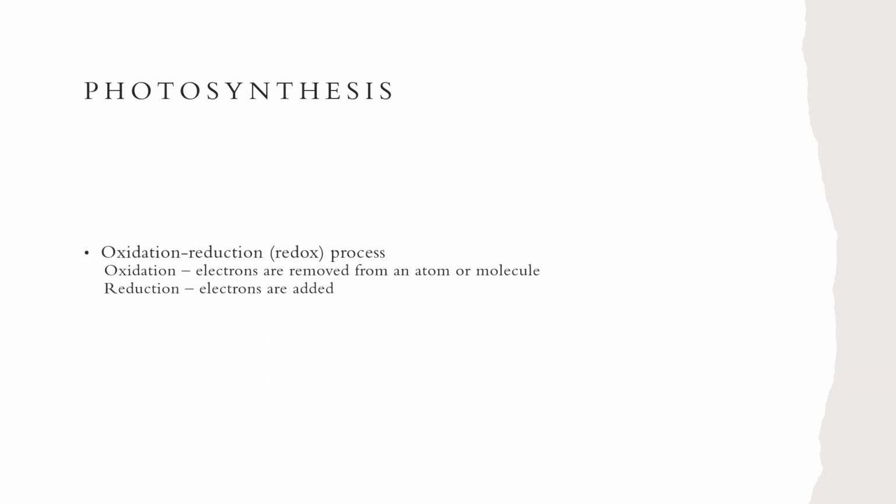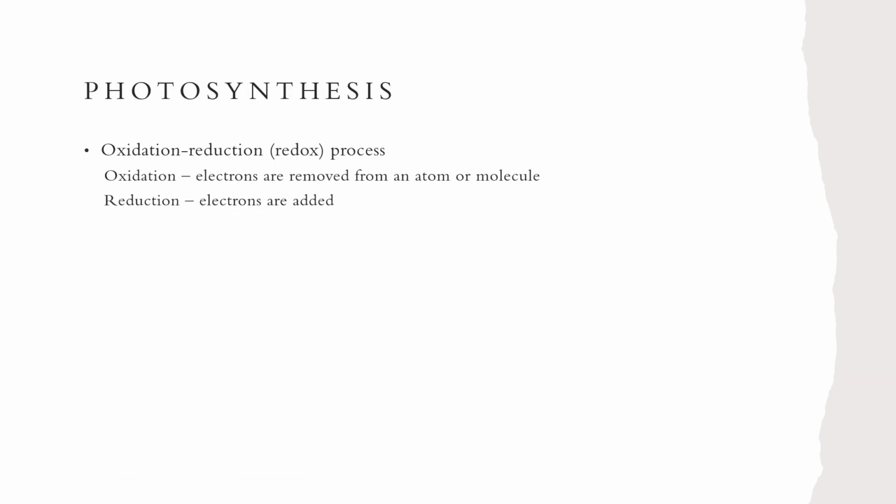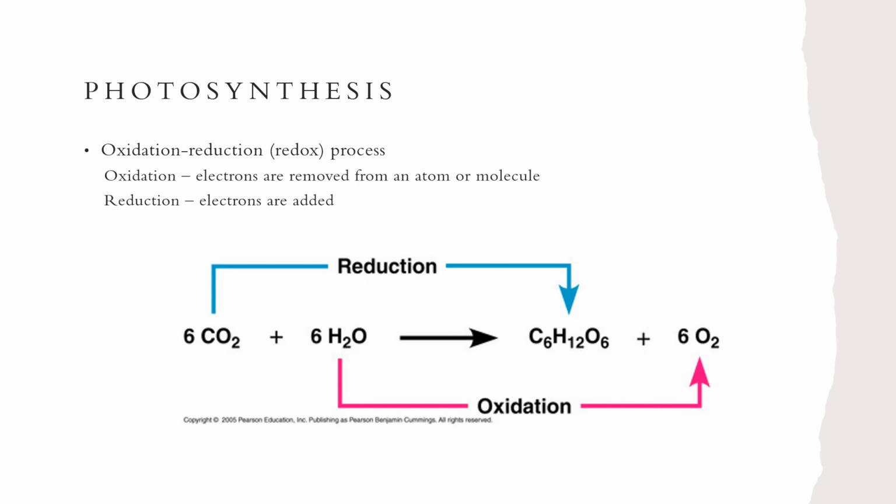Overall, photosynthesis is an oxidation and reduction, or redox, process. Remember in your chemistry class, oxidation means that electrons are removed from an atom or molecule, whereas reduction is the process wherein electrons are added. As you will see here in the equation for photosynthesis, photosynthesis strips electrons from the oxygen atoms in water, or H2O.